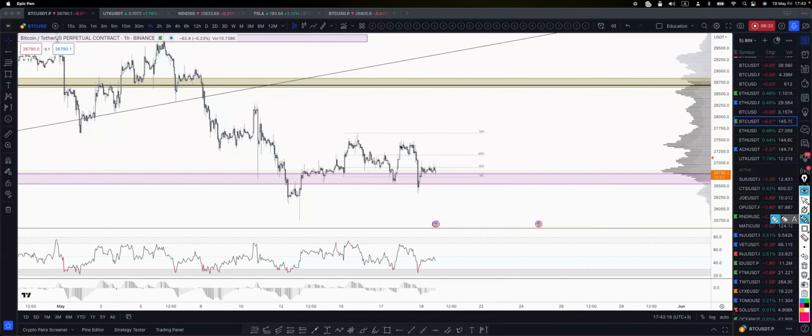If it starts breaking down, then I should be looking for shorting. If I want to long, it doesn't mean that I'm bullish. The chart has given me no other choice. Either I'm not going to touch it, or I'm going to long it. So there's no short for me here.